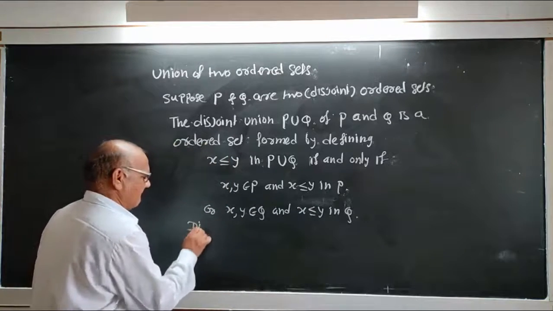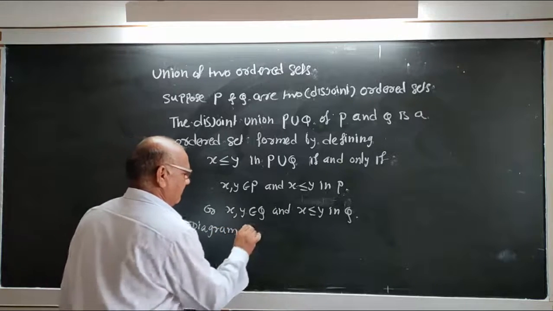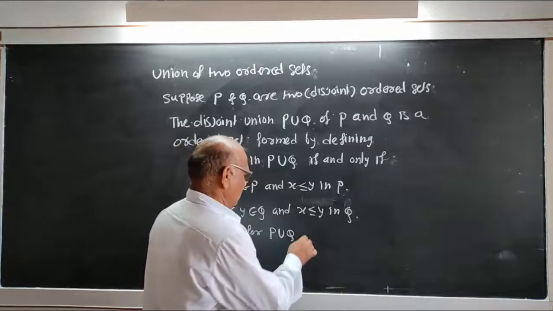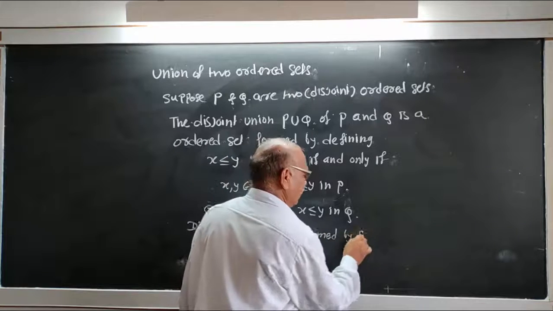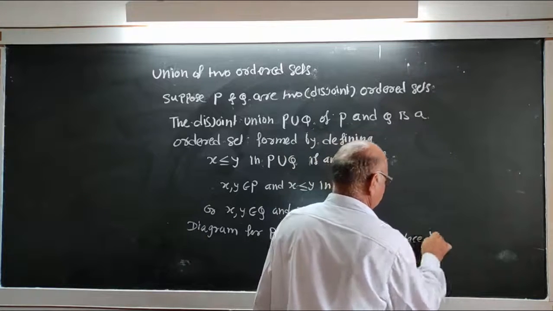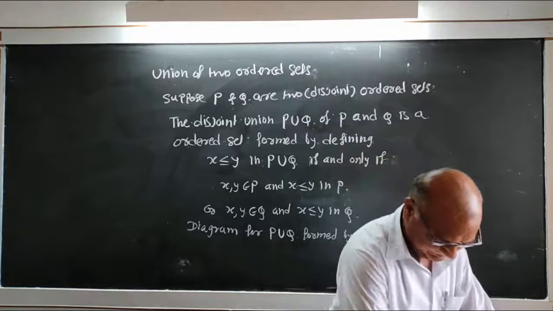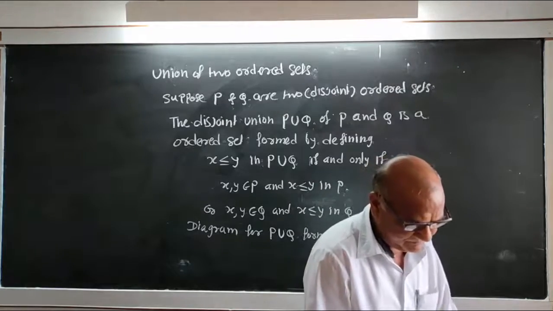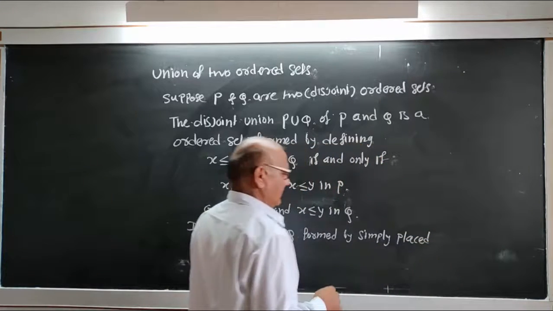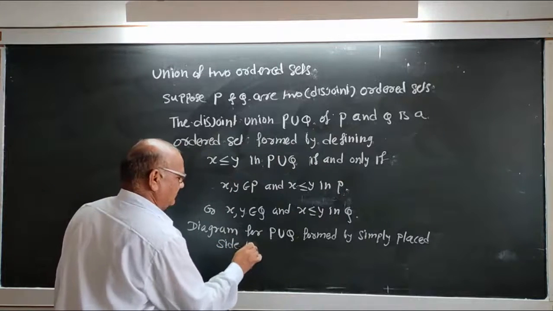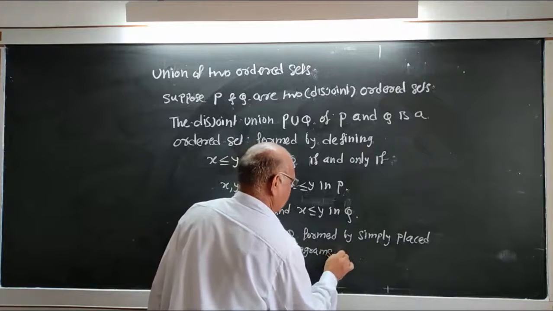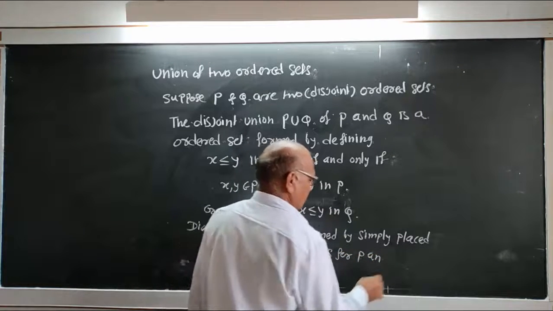Diagram for P union Q is formed by simply placing the diagrams for P and Q side by side.